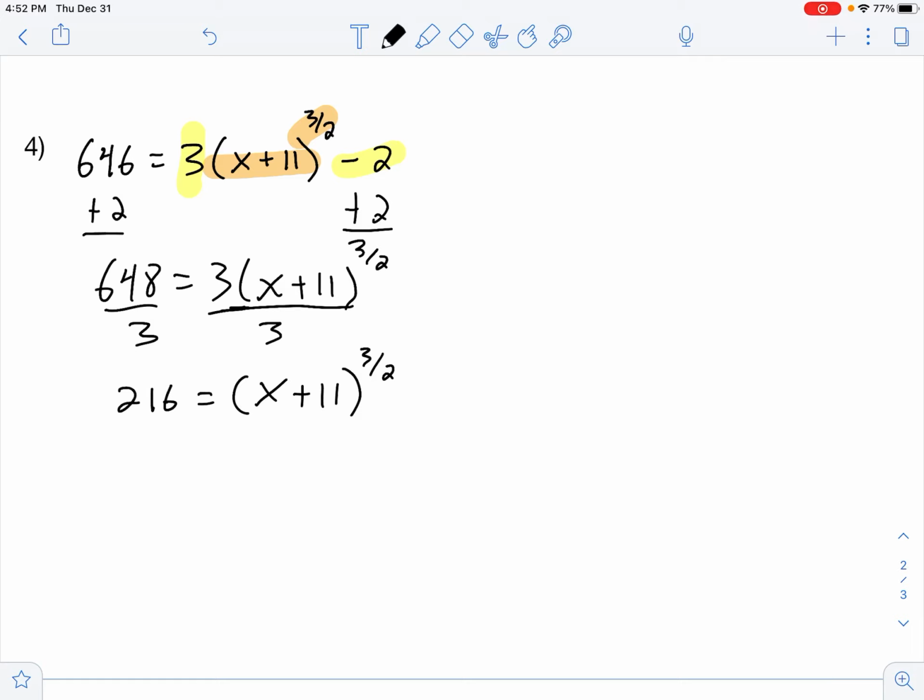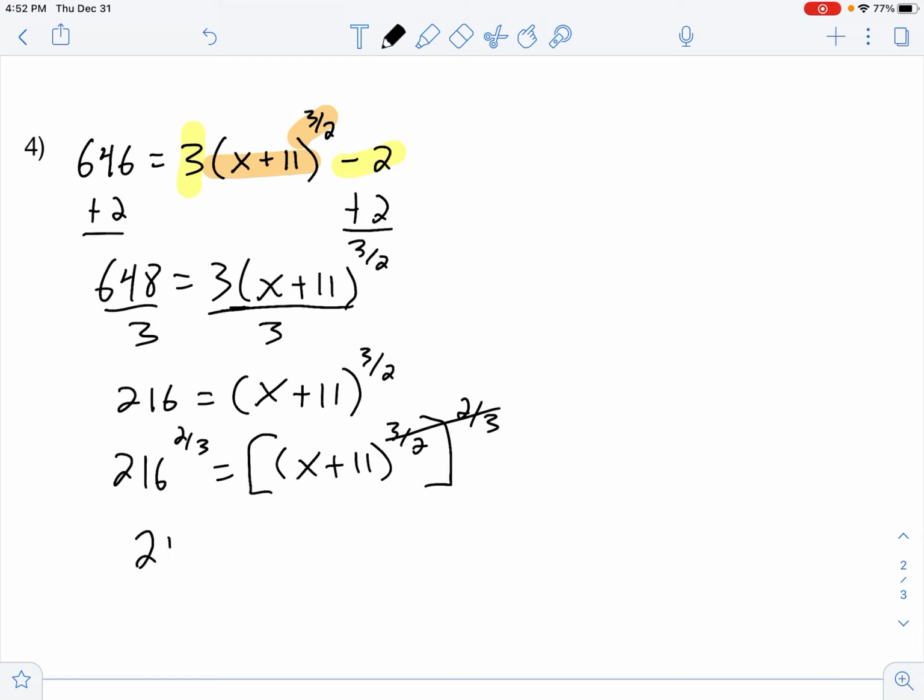Now we can go ahead and raise both sides to the reciprocal power. So this would be 216 raised to the 2/3 is equal to, and then we're going to raise this side, x plus 11 to the 3/2 raised to the 2/3. So of course that's going to go away, and then you have 216 raised to the 2/3 is equal to x plus 11.